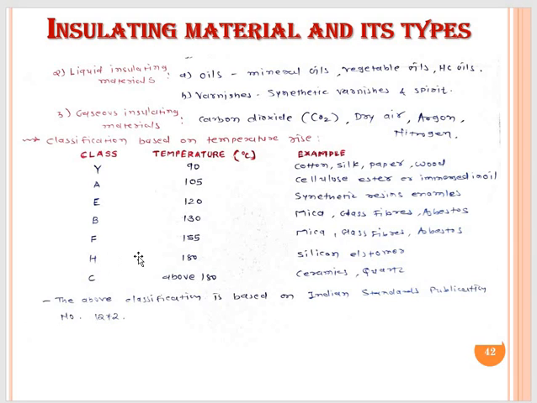Now class H materials have a temperature capacity of 180 degrees Celsius, and silicone elastomer is of class H type. Now the last, class C. Class C insulating material is used above 180 degrees, and ceramics and quartz are used for class C type material.